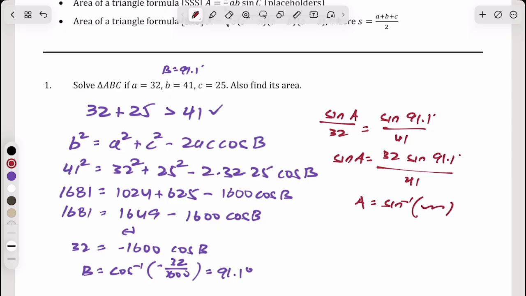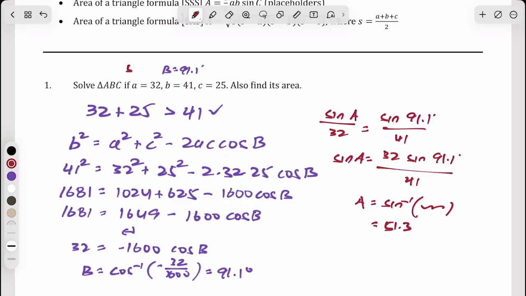I'm going to do that right now, so give me a moment. I get inverse sine of 32 sine 91.1, I need to put extra parentheses in there, over 41. And I'm getting 51.3.